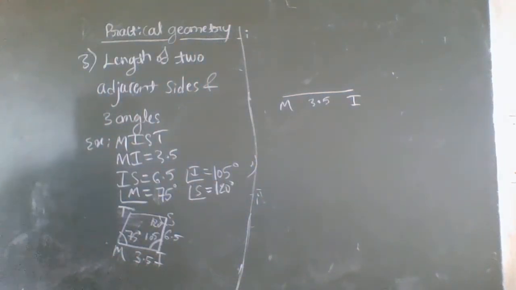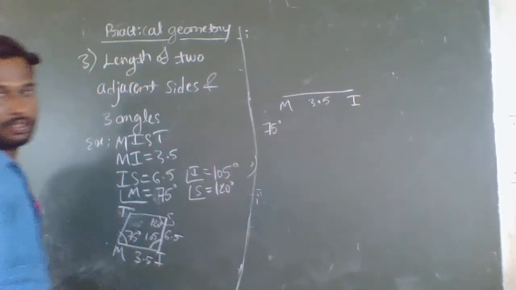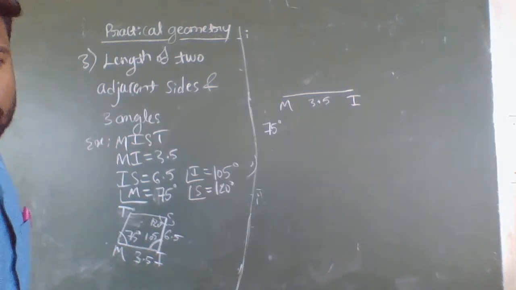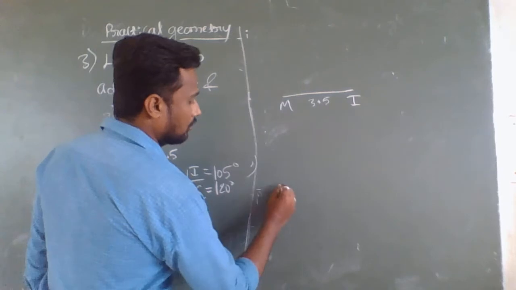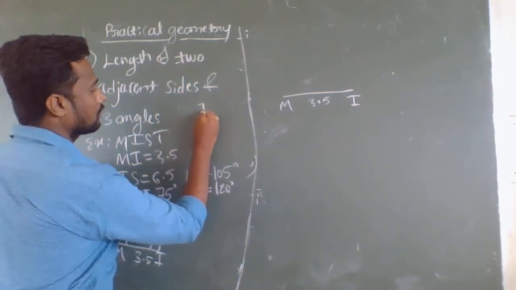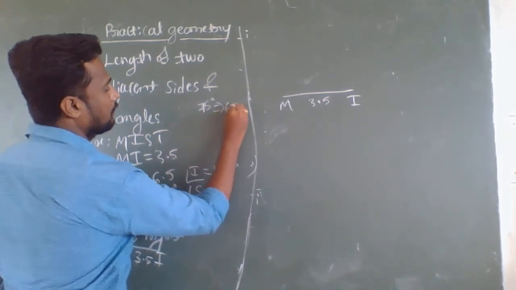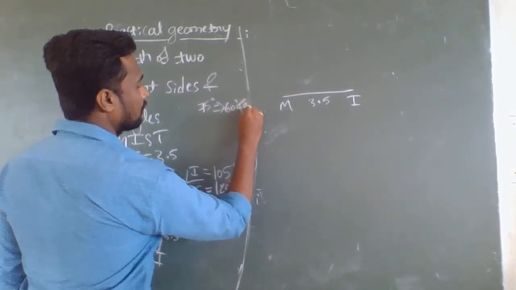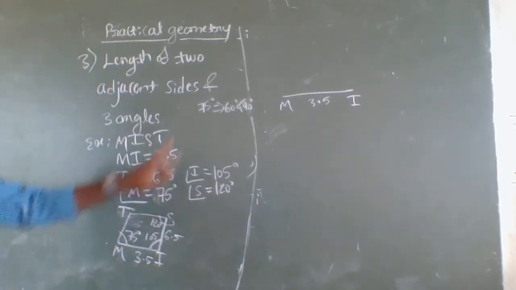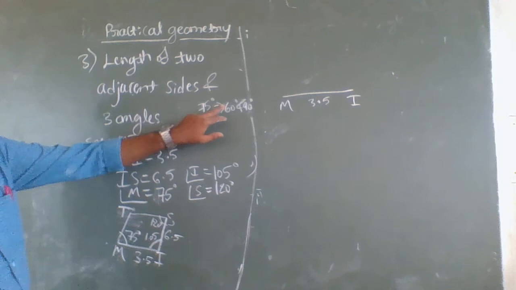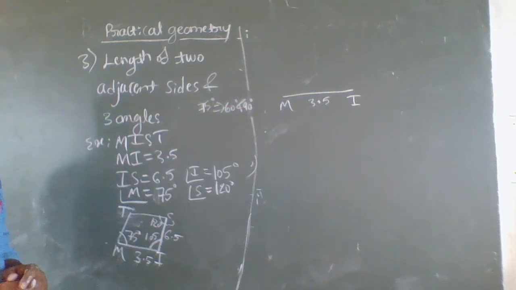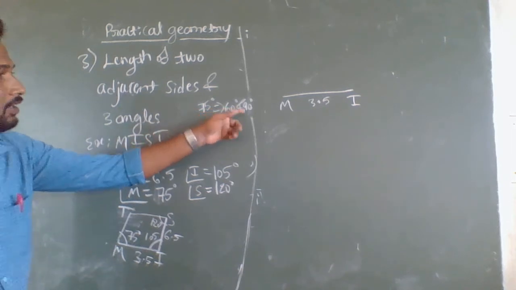Next, angle M is 75 degrees. This 75 degrees is between 60 degrees and 90 degrees, because 75 is 15 more than 60 and 15 less than 90. Therefore, 75 is between 60 and 90.